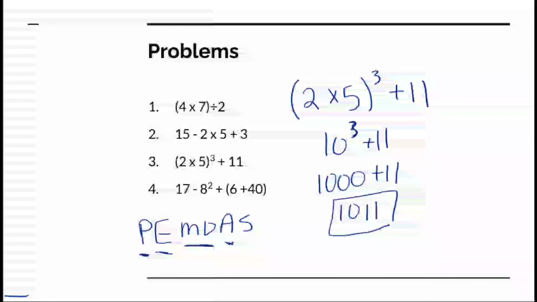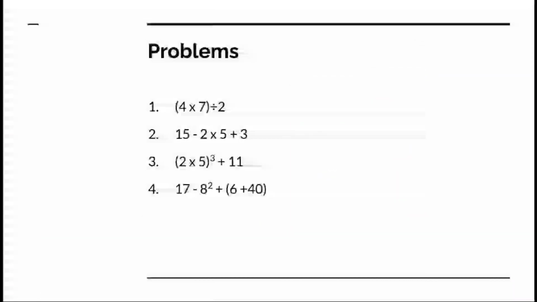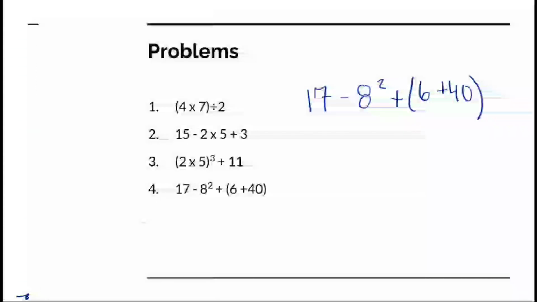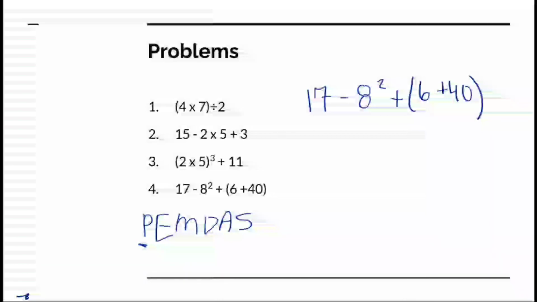All righty. And for number 4, we have 17 minus 8 squared plus 6 plus 40. Okay, parentheses, exponents, multiplication, division, addition, subtraction. Tackling the parentheses, 6 plus 40 is 46.